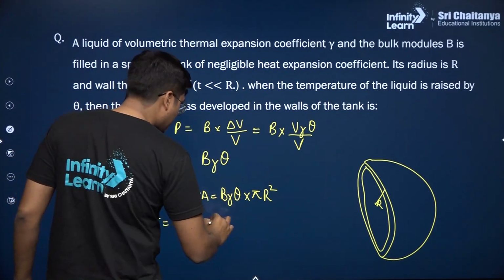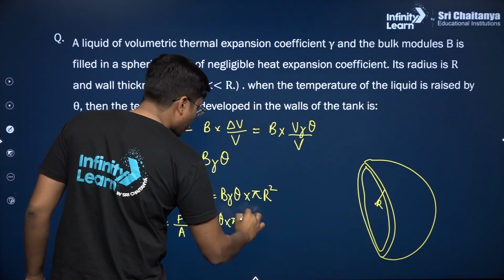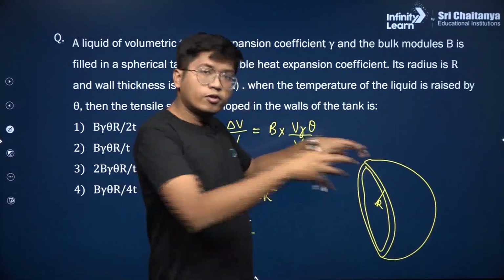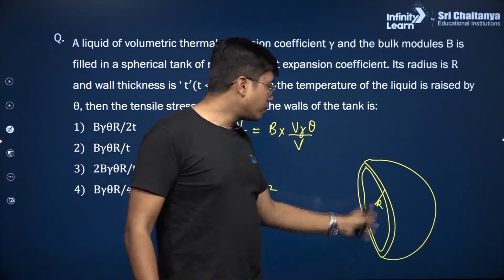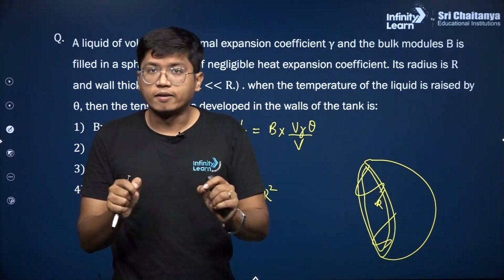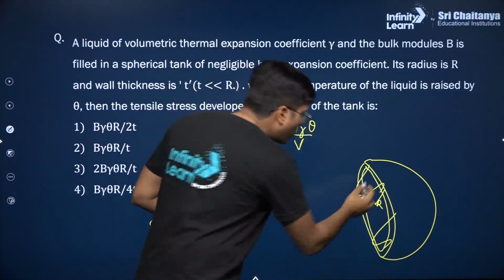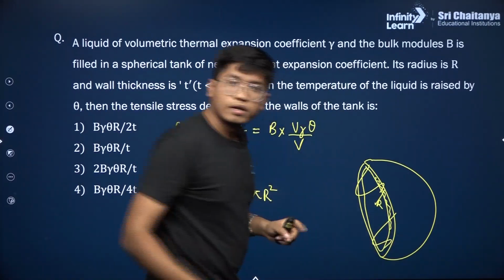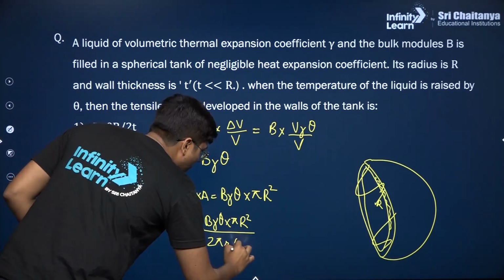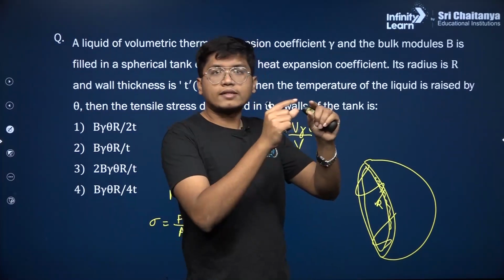Now the force is B gamma theta into pi r square, and the area that we'll deal with is no longer the full area, because even though the overall force comes because of the pressure on this entire area, the places where the force is actually acting on the material only occur in this thickness of the walls, and the area for that is 2 pi r into t, because 2 pi r is the circumference into that thickness t.